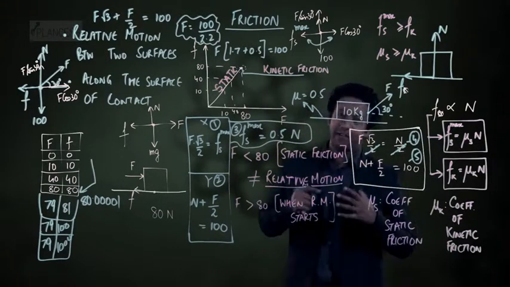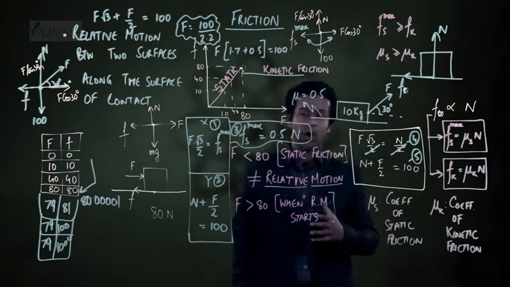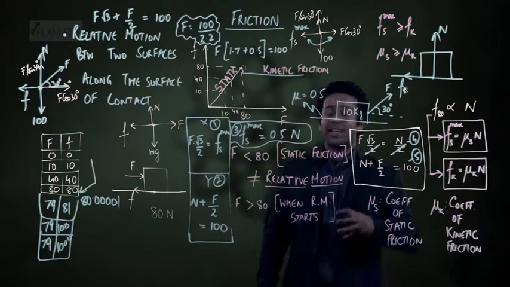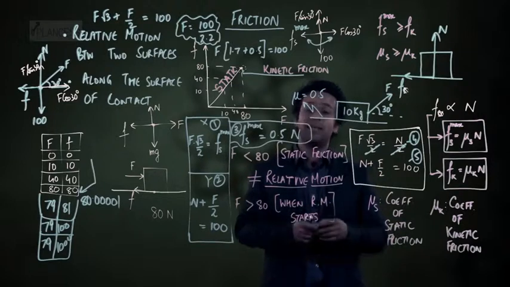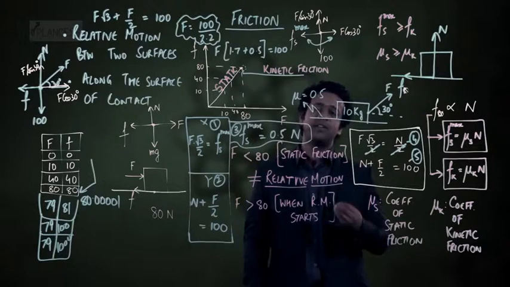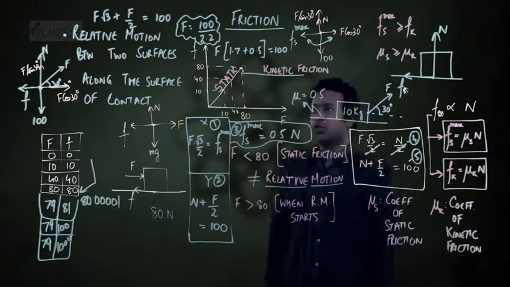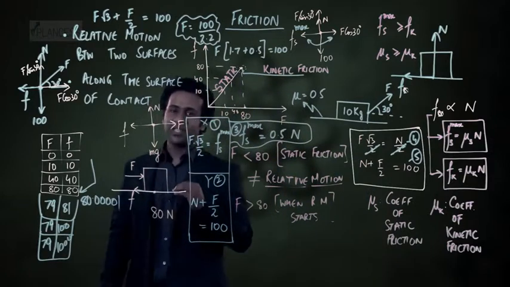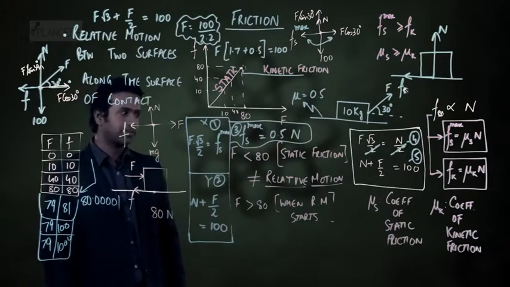And then friction is of two types, static and kinetic, depending on whether or not motion is started. We saw that static friction can take any value between 0 and the maximum possible value. And this maximum possible value is slightly more than kinetic friction. Also, for kinetic friction, we saw that it has a fixed value which does not change once the motion starts. Right.